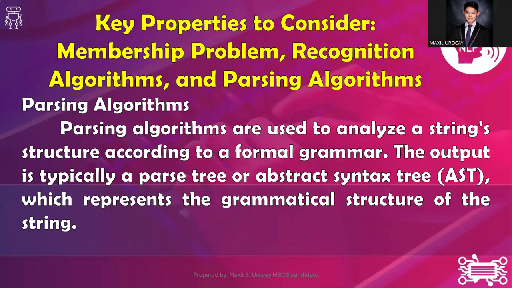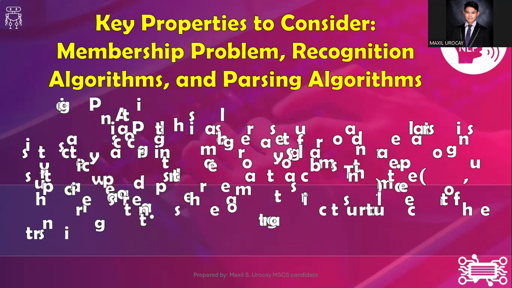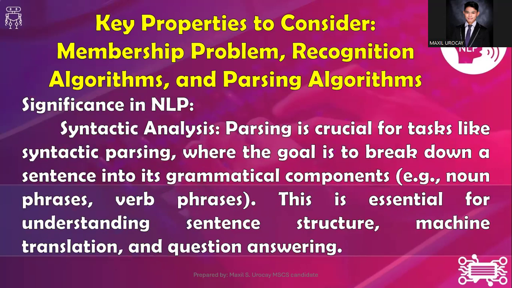Next, the significance of this in terms of NLP: syntactic analysis. Parsing is crucial for tasks like syntactic parsing, where our goal is to break down a sentence into grammatical components, like noun phrases and verb phrases.